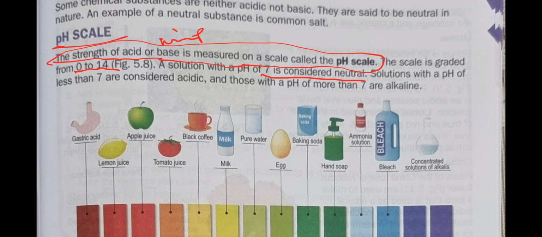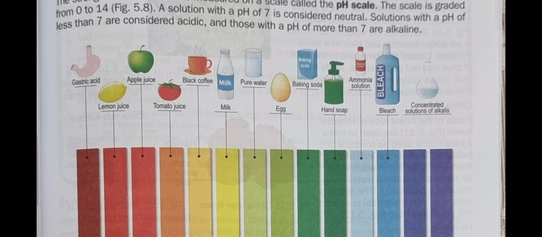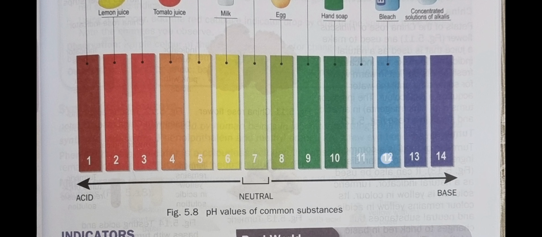So water is neutral because the pH value of water is 7. Solutions with a pH of less than 7 are considered acidic, and those with a pH more than 7 are alkaline. So always remember, a pH value less than 7 is acidic in nature and a pH value more than 7 is alkaline. You can see here the different products and their chart and their pH values.